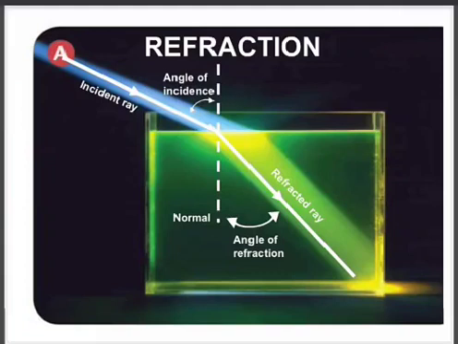Or you can say from rarer medium to denser medium. Rarer means, out of the two media, which one is lighter? That will be air in this case. So air is the rarer medium, and glass or water is heavier, so it will be the denser medium. So whenever light goes from rarer to denser medium, it bends towards the normal.